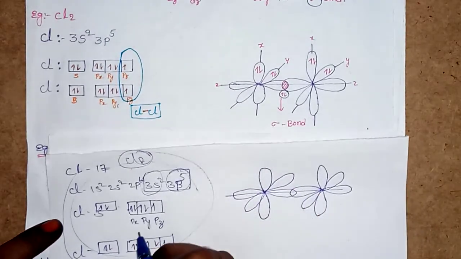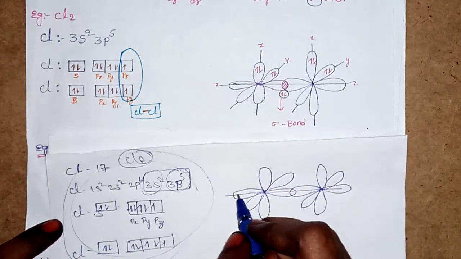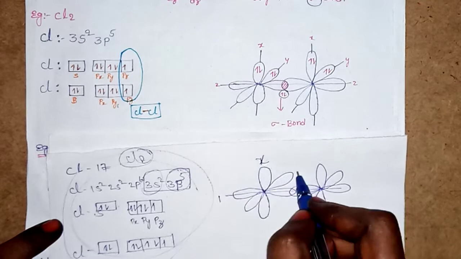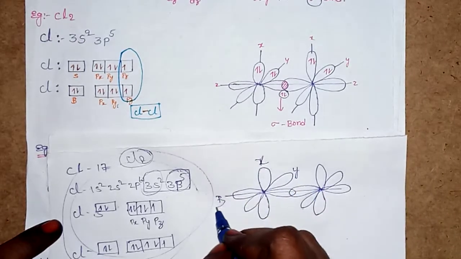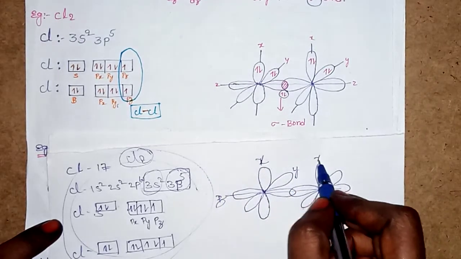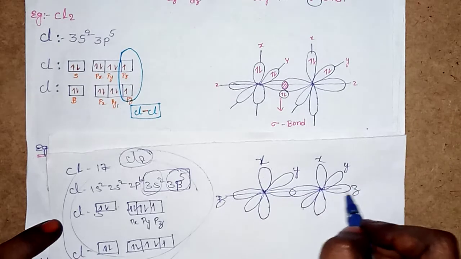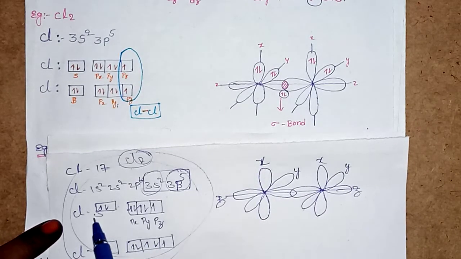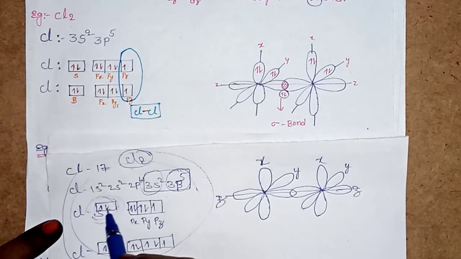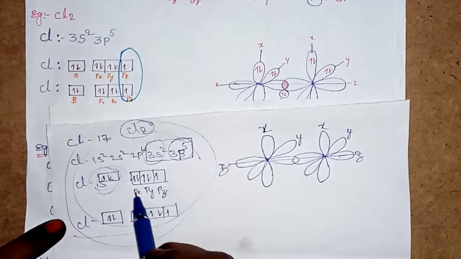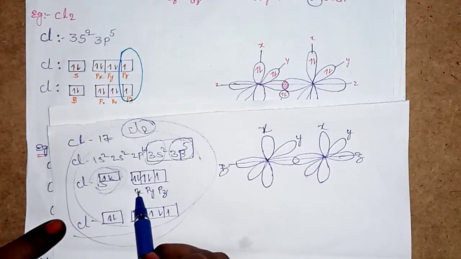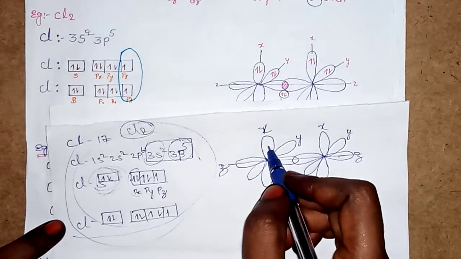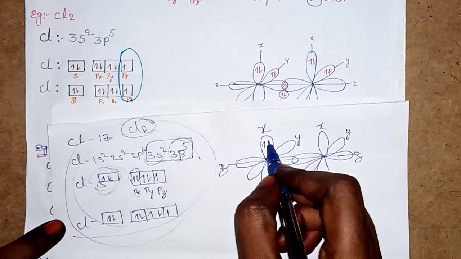Let's see this in px square. This is the x-axis, this is the y-axis, this is the z-axis, and the same here. Here the s orbitals are completely filled. How many electrons are there in the px orbital? 2 electrons, 1 and 2.